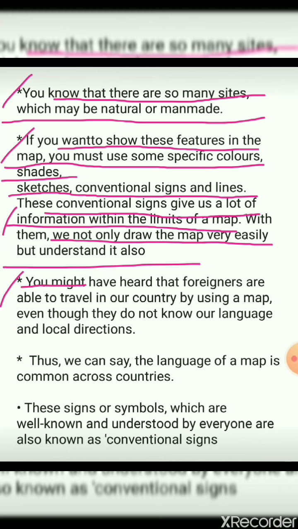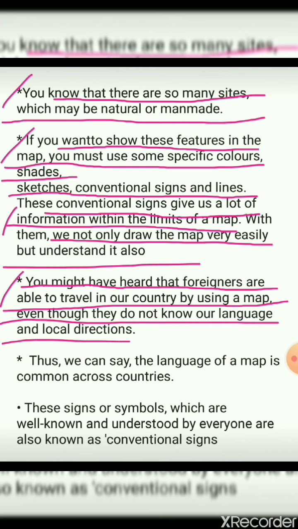You might have heard that foreigners are able to travel in our country by using a map, even though they do not know our language and location and local direction. Okay, ये बहुत बार हमने देखा, India is a historical country and different types of things can be seen over here.